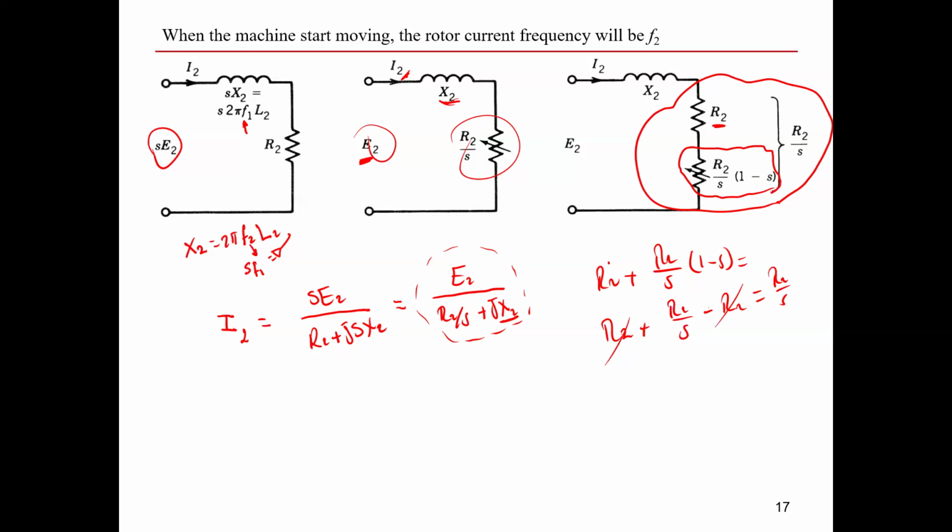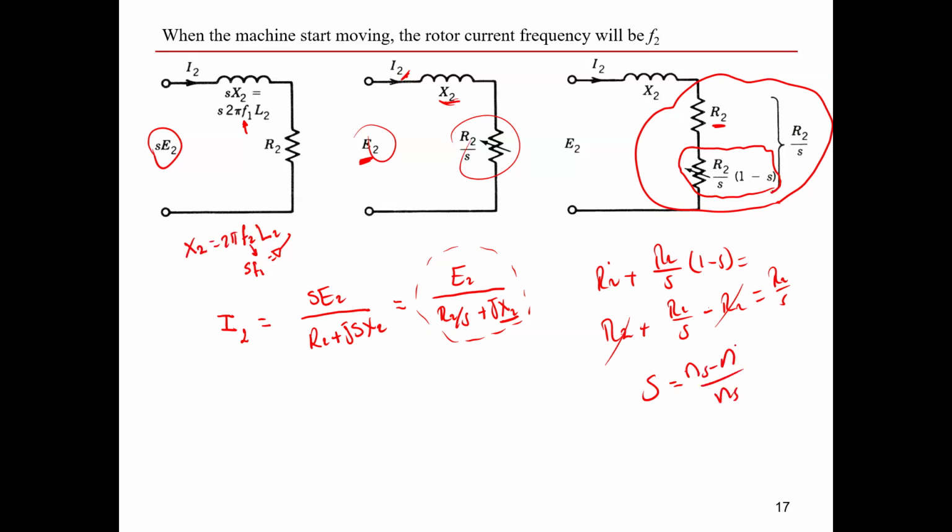Because if the machine is at standstill, the machine is not working. So this means S equals 1. So the relation of S again, S equals (NS minus N) divided by NS.